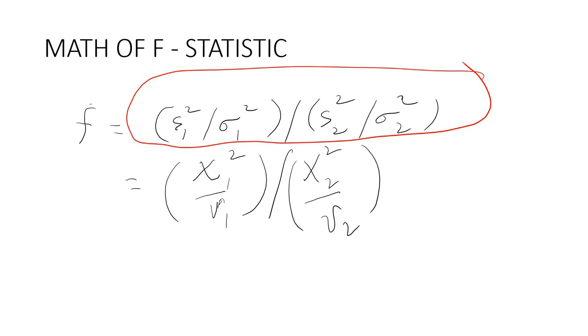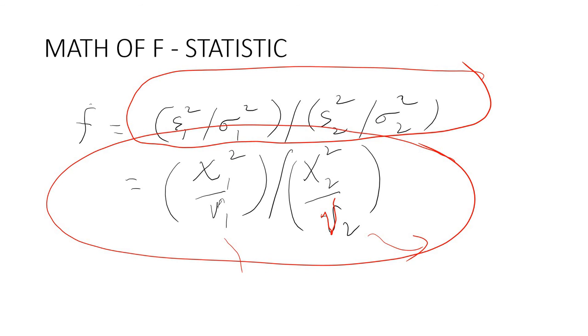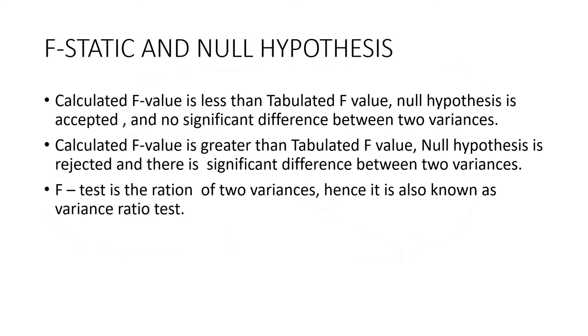Then we can rewrite it as chi-square 1 divided by v1, the whole divided by chi-square 2 divided by v2. V1 is the degree of freedom for the first sample and v2 is the degree of freedom for the second sample. Chi-square 1 is the chi-square statistic, and chi-square 2 is the chi-square statistic for the second sample. This is another important equation you can remember for the F-statistic.